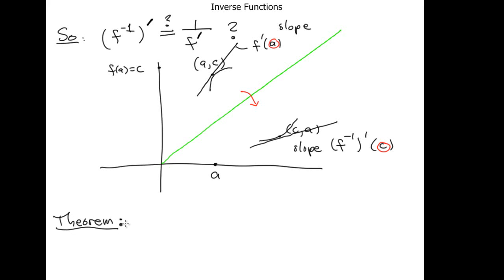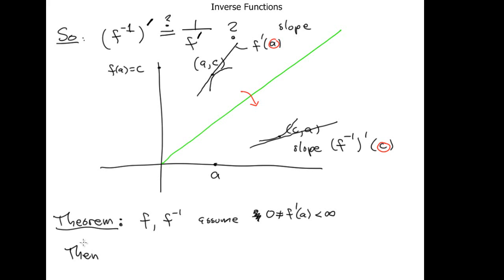And so that leads us to the theorem, which is the following. Suppose you have a function which is invertible, and suppose you have a point a, and suppose f prime of a exists, that is to say it's finite, but let's also assume that it's not 0.